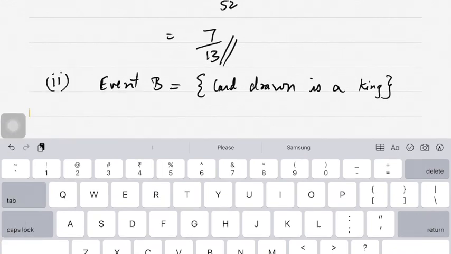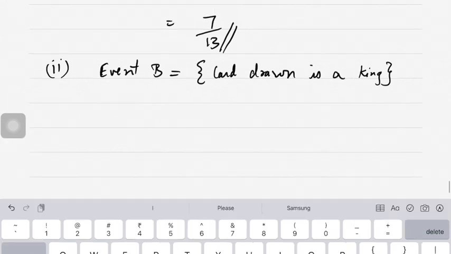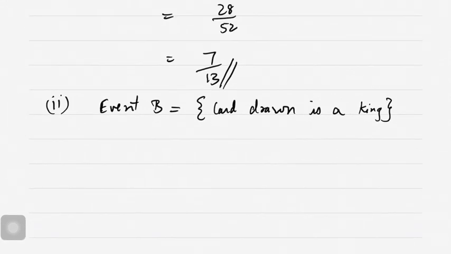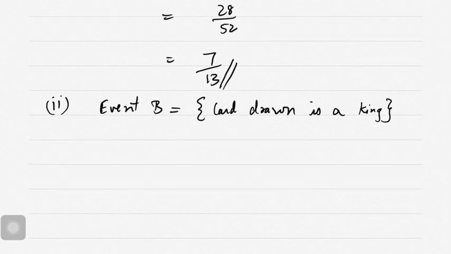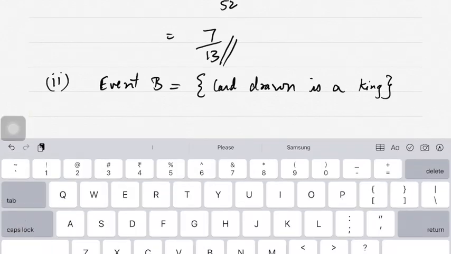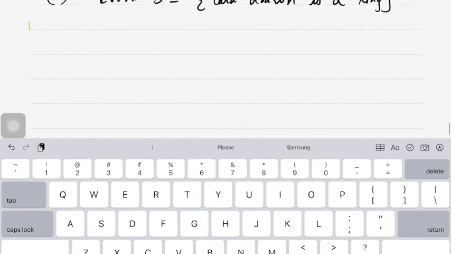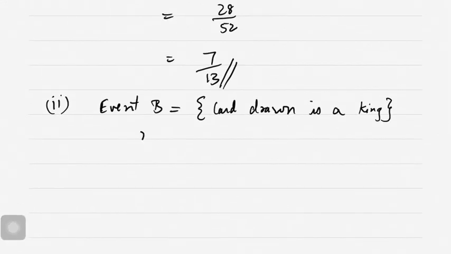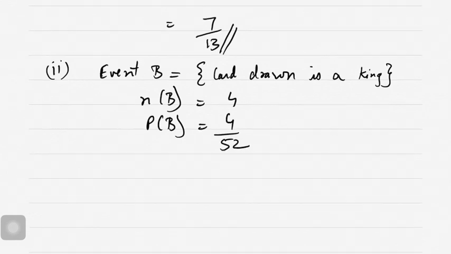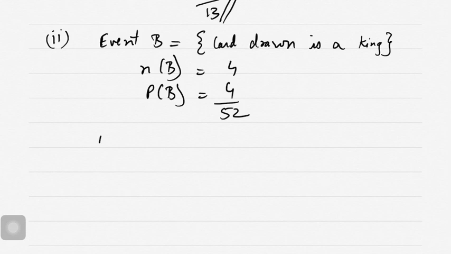Okay. And event C, card drawn is a spade. So my n of B is 4. P of B is 4 by 52.